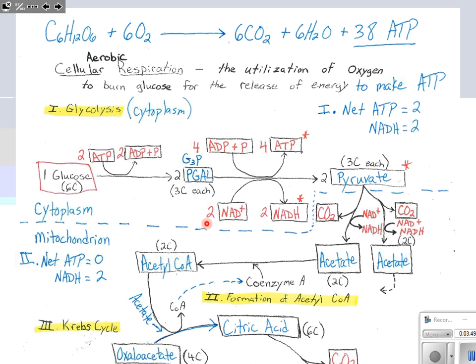It turns out there are other starting points that your cells can use to make acetate. There are other molecules that can be used to make pyruvate. You don't always have to start with glucose. Glucose is the primary fuel that our cells burn. And glucose is often readily available because, as you know, glucose is in our blood.